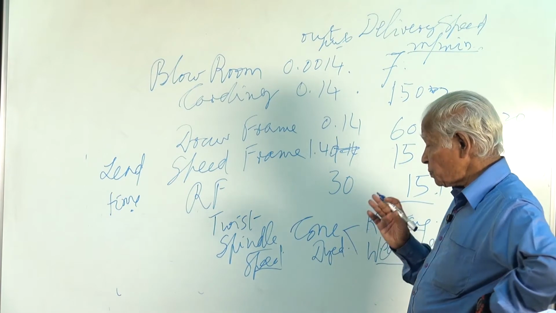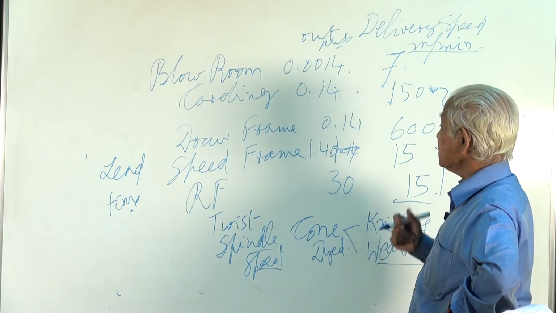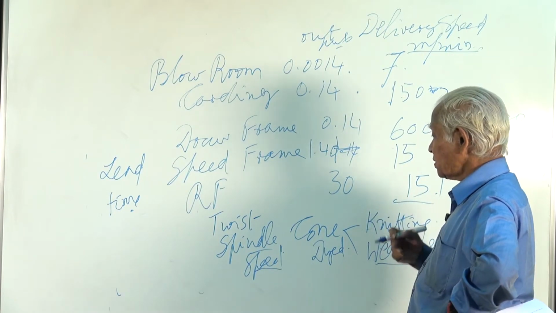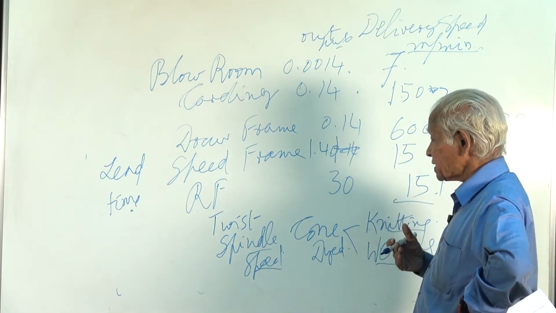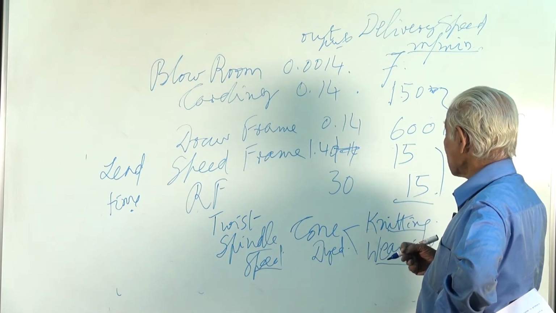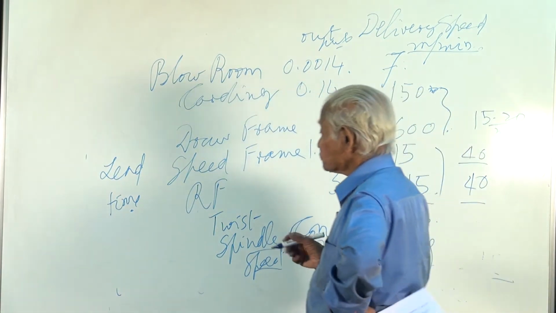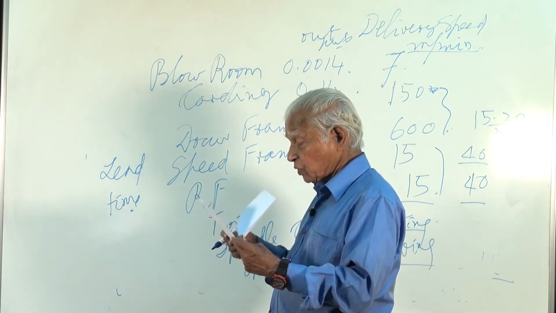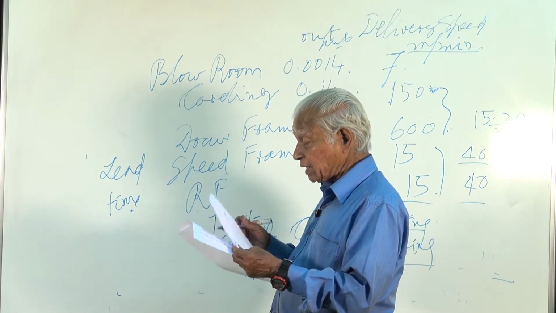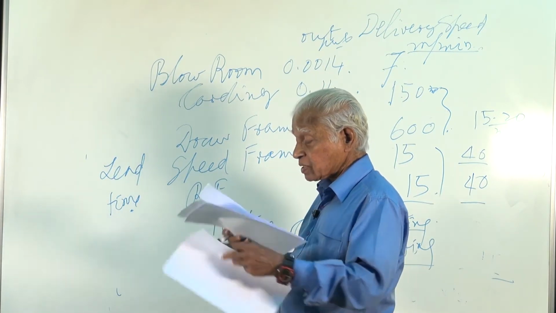The yarns meant for weaving should have a very good strength in order to have good resistance towards these tensions which are imposed in the various processes such as cone winding, warping, weaving, sizing, etc. So this table gives you an idea about the production speeds which are maintained in various departments.